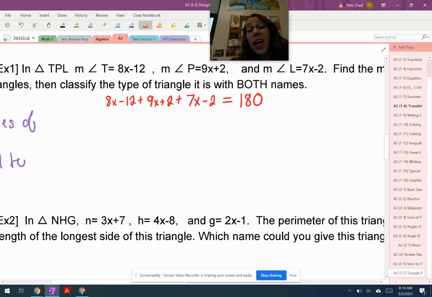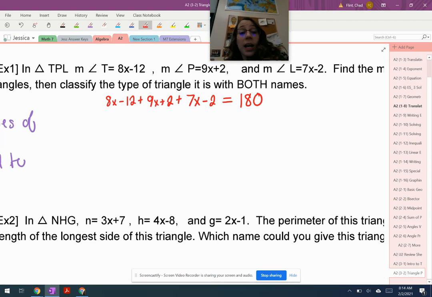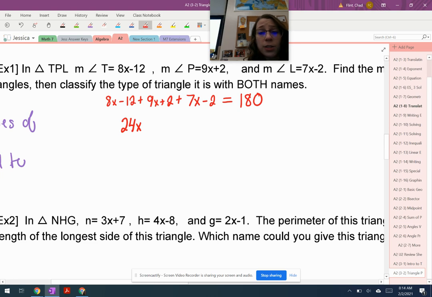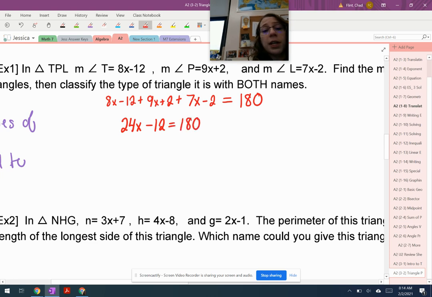Again, because I'm talking about angles, not sides here. So 8 plus 9 plus 7, all those x's, is going to be 24x. Negative 12 plus 2 cancels out with the minus 2, so just negative 12 then is equal to 180, and then we're just solving as normal.